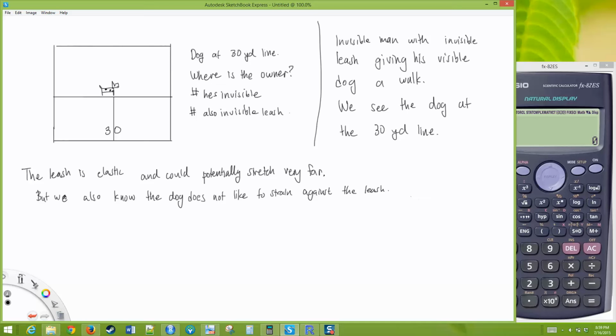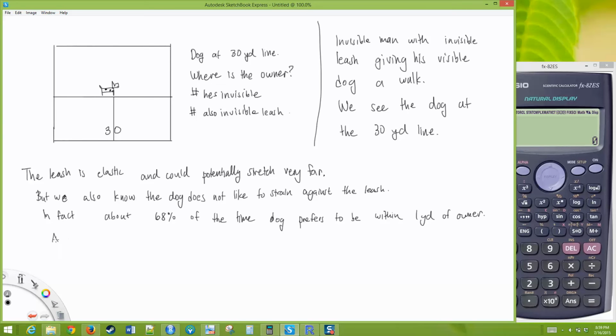And in fact, about 68% of the time, the dog prefers to be within 1 yard of the owner.